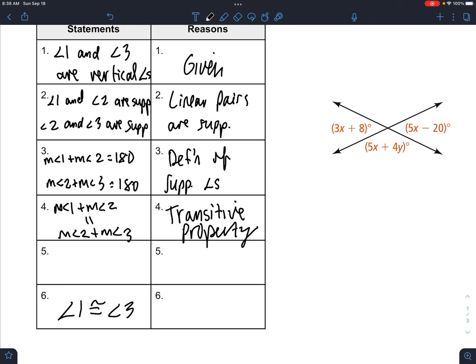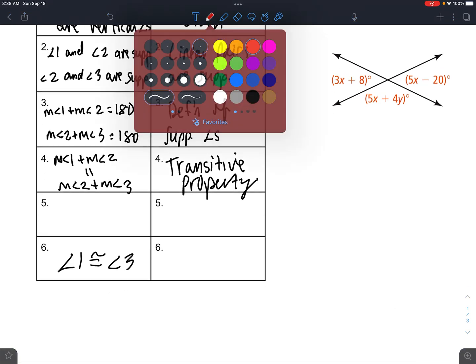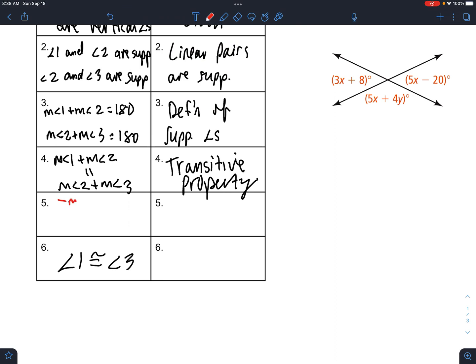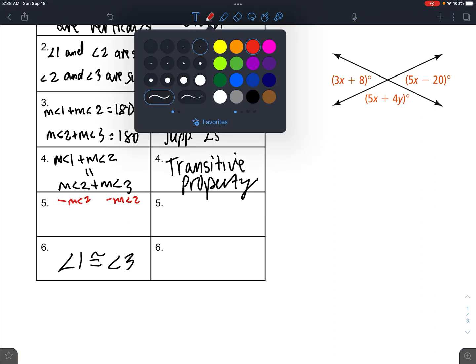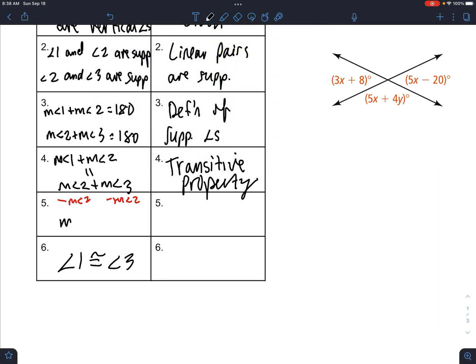Okay. And then notice that both sides of the equation have a measure of angle 2. So I want to subtract that from both sides. By the subtraction POE. And then we have our good friend, our conversion between the equal sign and the congruent symbol.